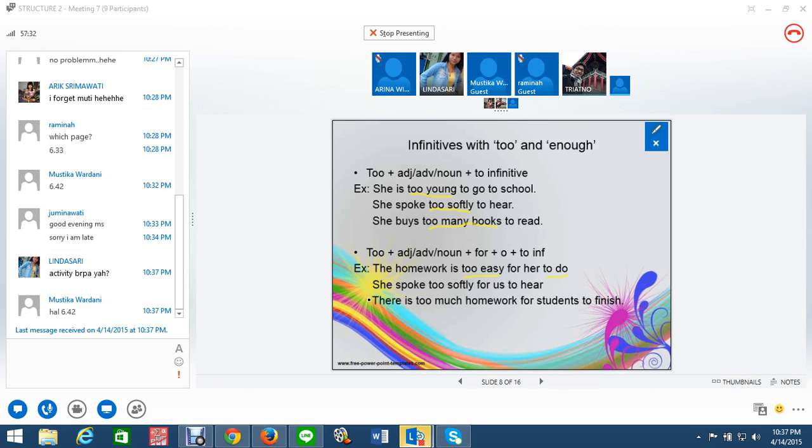And the second is, she spoke too softly for us to hear. She spoke too softly, too plus adverb. Here, there is too much homework for students. Too much homework. This is a noun, it can be a noun phrase.